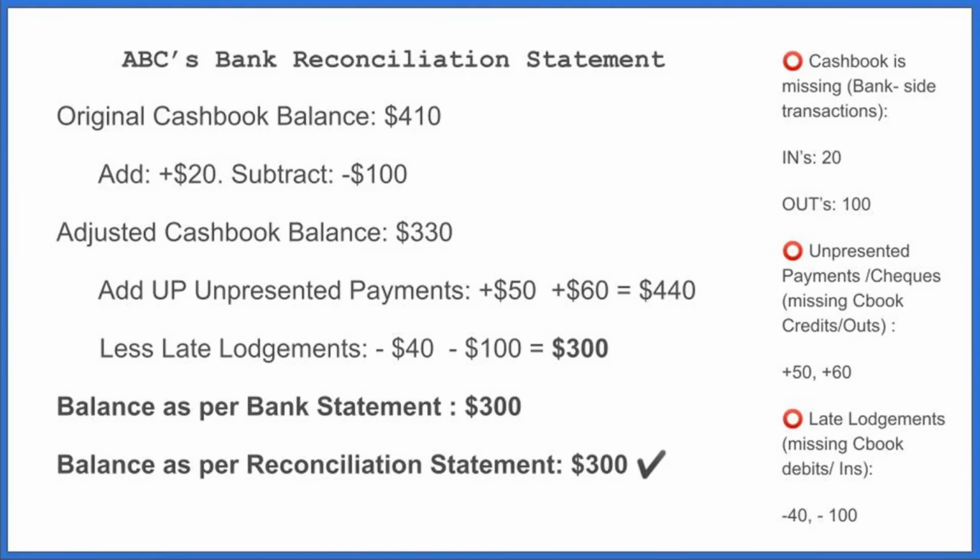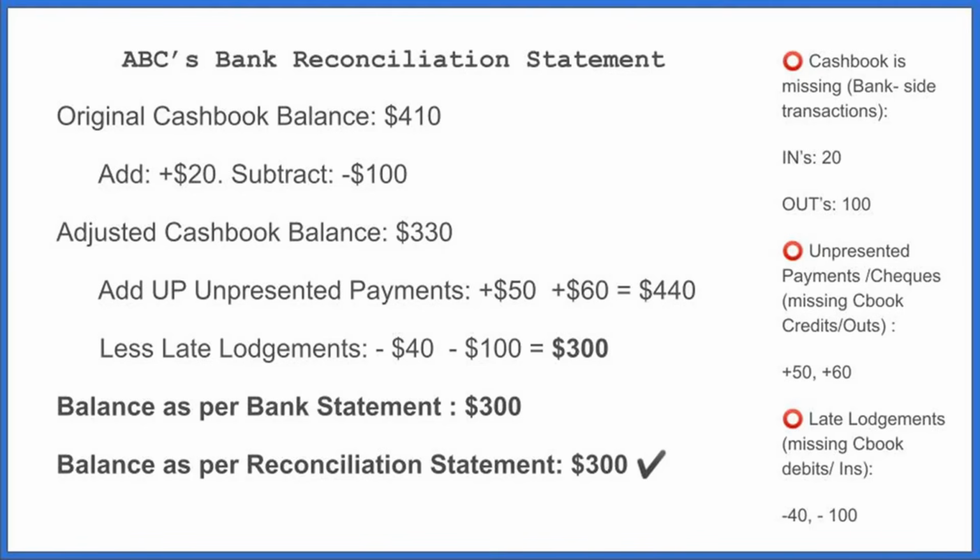What we noticed from this is that all of the transactions that were different were different for legitimate reasons. It was only made up of legitimate unpresented payments or unpresented checks and late lodgements, along with legitimate bank transactions like a standing order and interest that we are okay with. So the good news here is that there has not been any error in our records and there has not been any fraud.